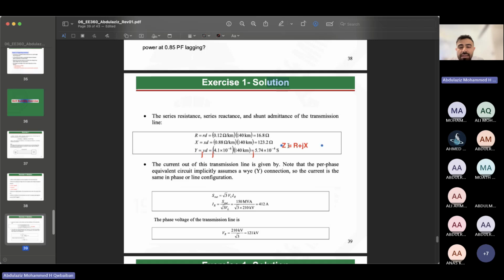Don't forget that in your calculations, please. We don't want to have unnecessary mistakes. So this is R, this is X, so Z is R plus JX.